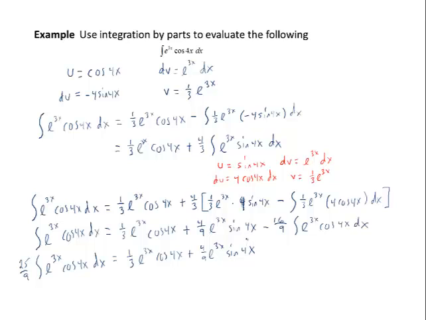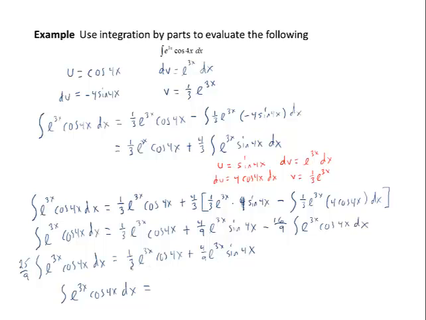Now if I multiply both sides of this equation by 9/25, I get the antiderivative for e to the 3x cosine 4x dx, the problem we originally started with, is equal to 9/25. I have to multiply this side by 9/25.